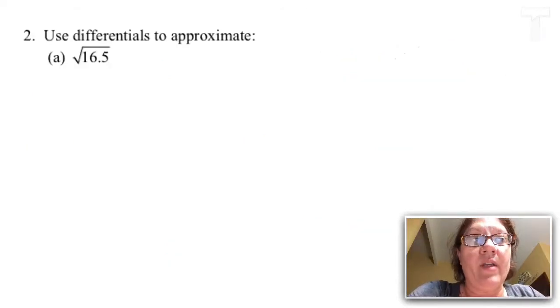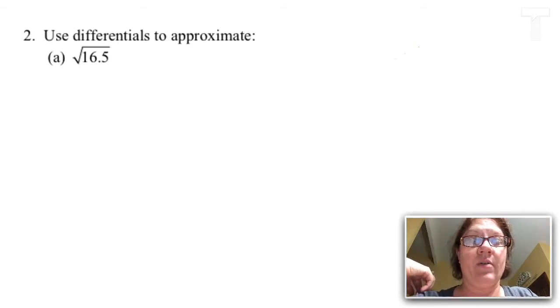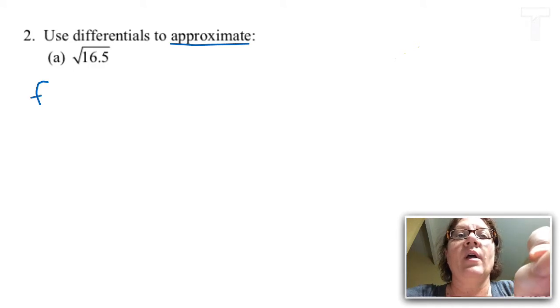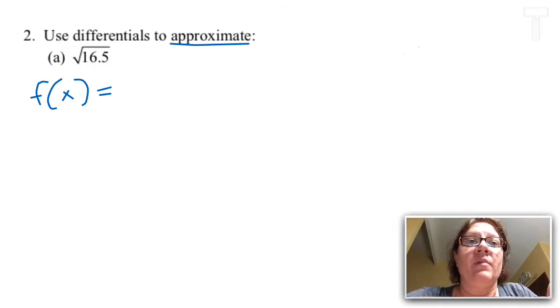So I think these next three examples are probably a better use of how you are going to use differentials. So let's say I want to approximate the square root of 16.5. And so I say, all right, then I know that my y values are determined by square rooting some value that I plug in.